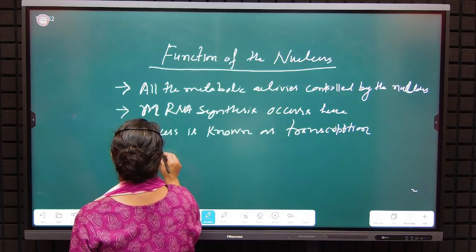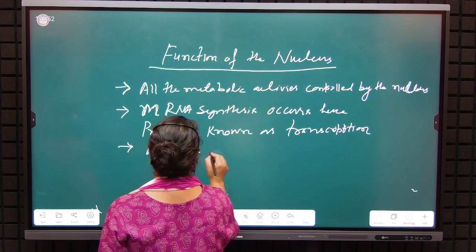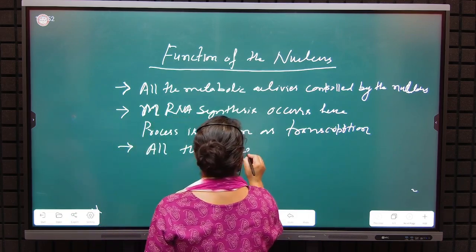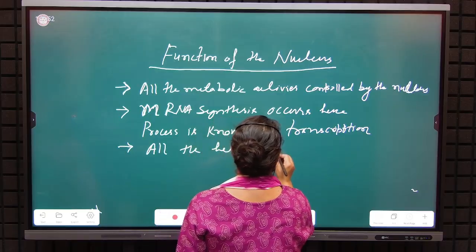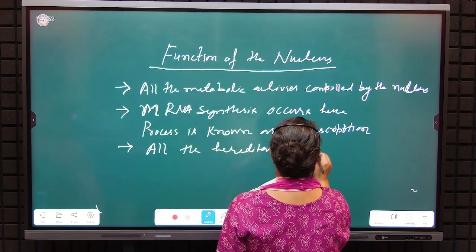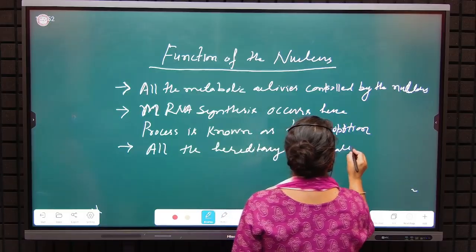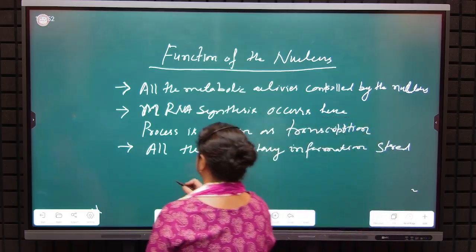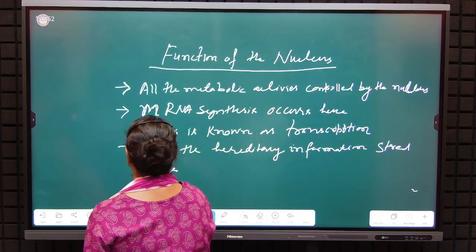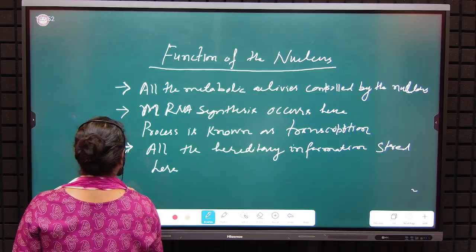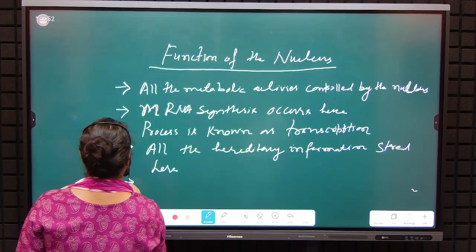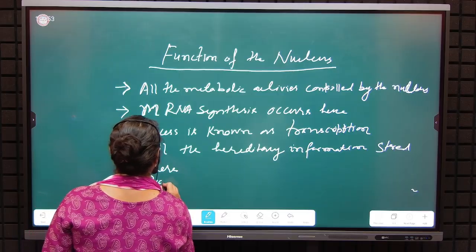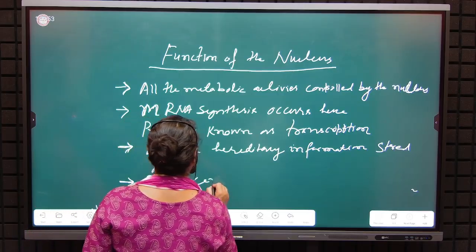All the hereditary information is stored here. The process follows the central dogma.